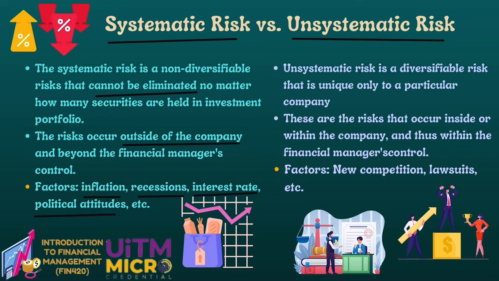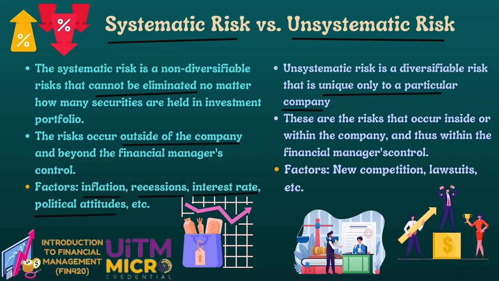I am now going to explain the second type of risk, which is unsystematic risk. Unsystematic risk is a risk that occurs in a company, from inside of the company. Thus, since the risk is coming from inside of the company, the financial manager should be responsible to eliminate or control the risk to make it smoother for the company to operate.